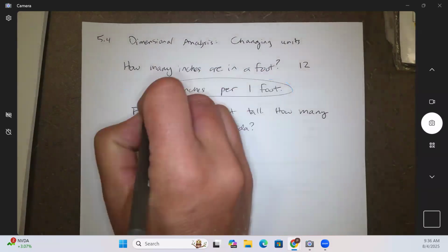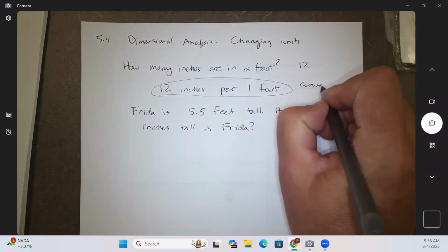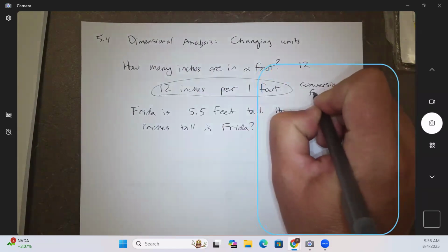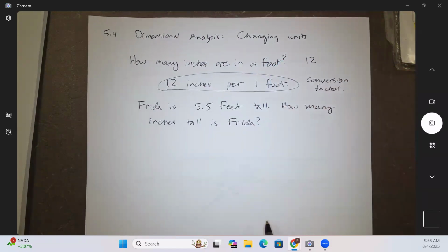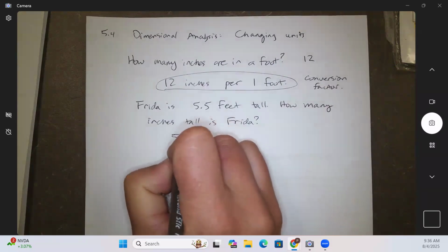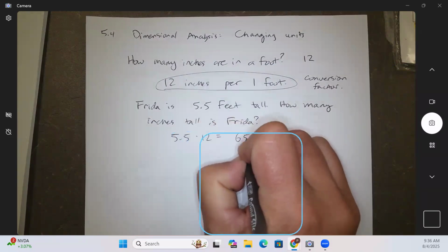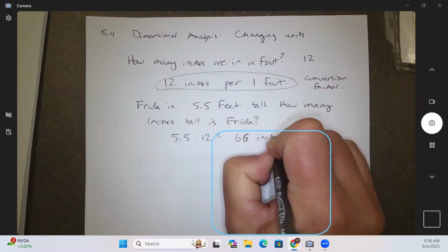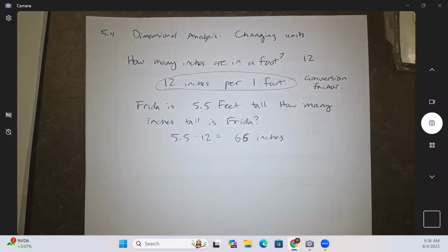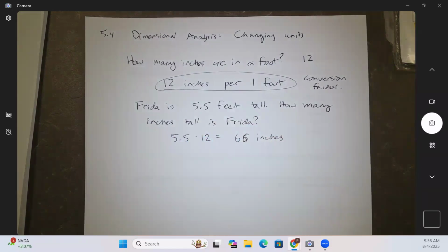This you could call a conversion factor. And most of us would just do this and we'd get 66 inches. But I want to slow it down a little bit because this is the super simplest version of dimensional analysis.